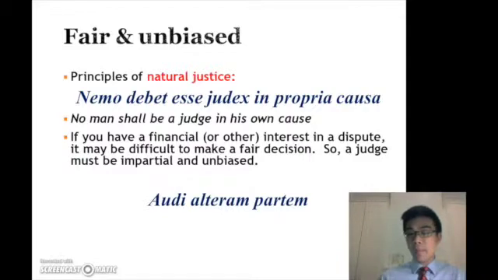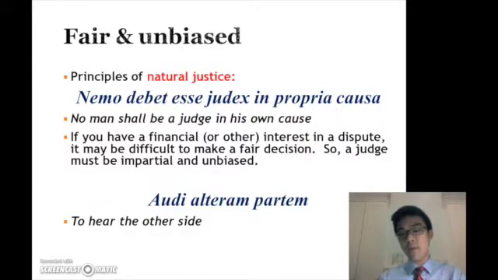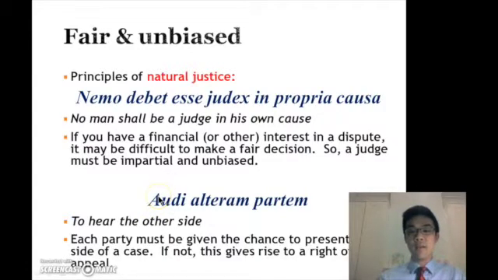Audi alteram partem is another principle of natural justice, and again it means to hear the other side. Okay, so you'll see the word Audi here, like audio, to hear the other side. Each party must be given the chance to present their side of a case.